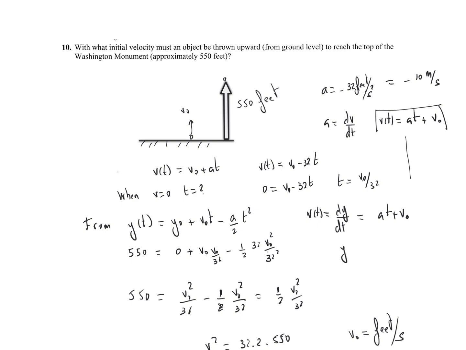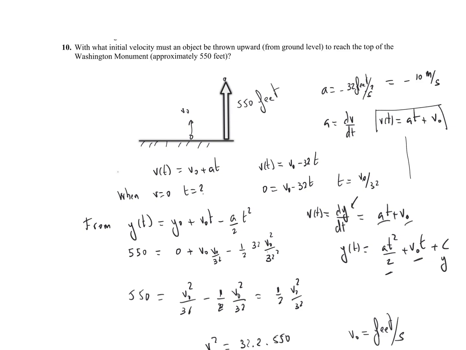And we found that y of t is a t squared divided by 2 plus v0t. If I take the derivative of v0t, I obtain v0. If I take the derivative of t squared divided by 2, I obtain t, plus c. And this c is y0.